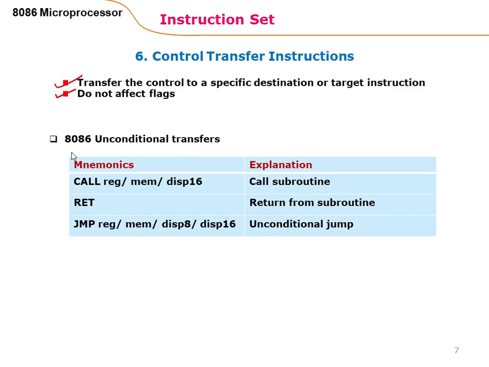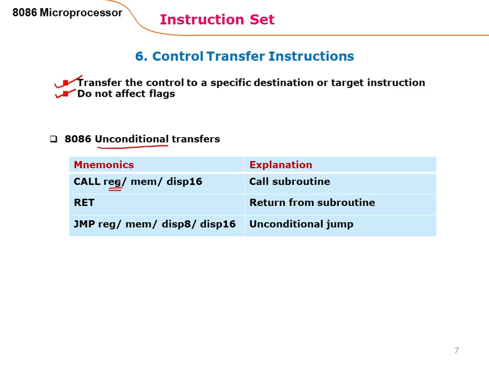Now there are different control transfer instructions: unconditional transfer instructions and conditional transfer instructions. First we'll see the 8086 unconditional transfers, where there is no condition. First is CALL with register, memory or displacement.